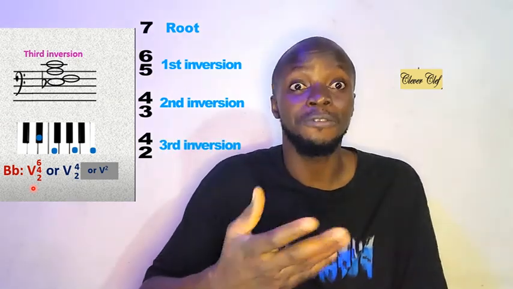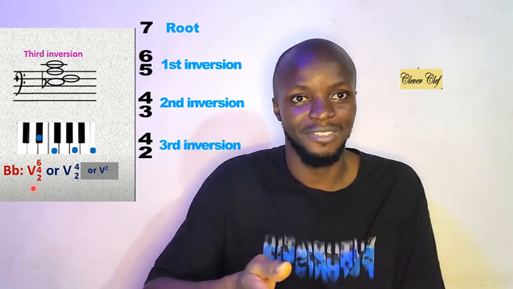Good. But again, this chord is not usually written this way. So how do you write it? You can write it simply as 4-2 or just 2. So we're coming from naming this chord as seventh, then 6-5, which is the first inversion of a seventh chord, 4-3, the second inversion, and now just 2 or 4-2 as the third inversion.